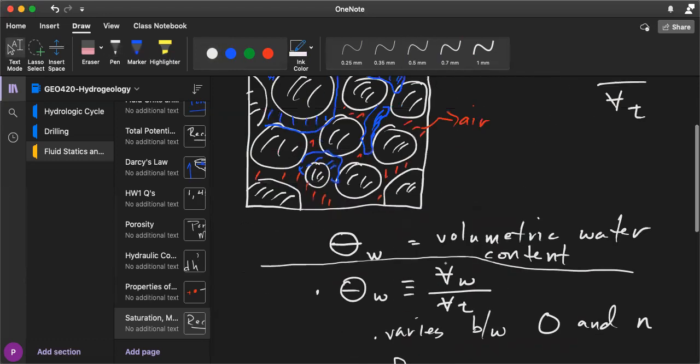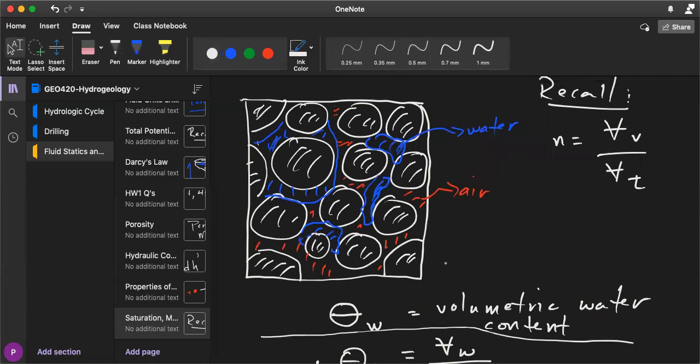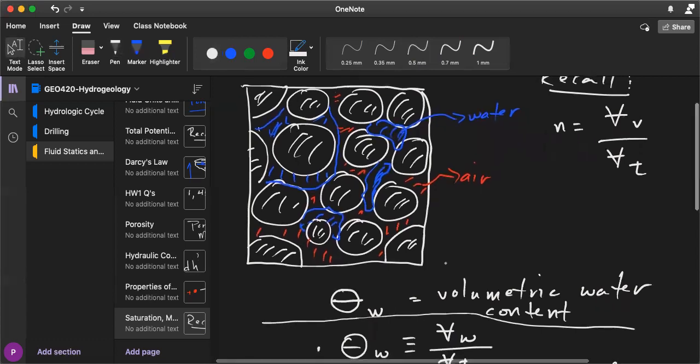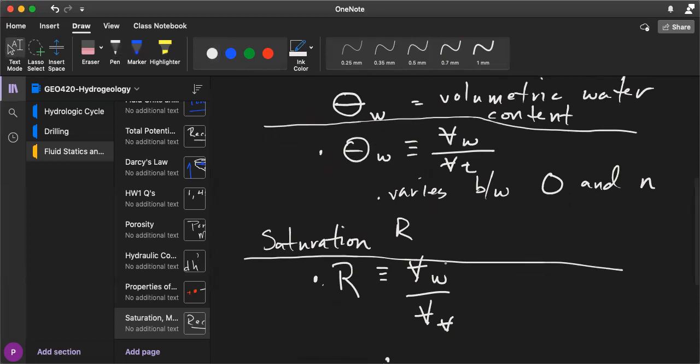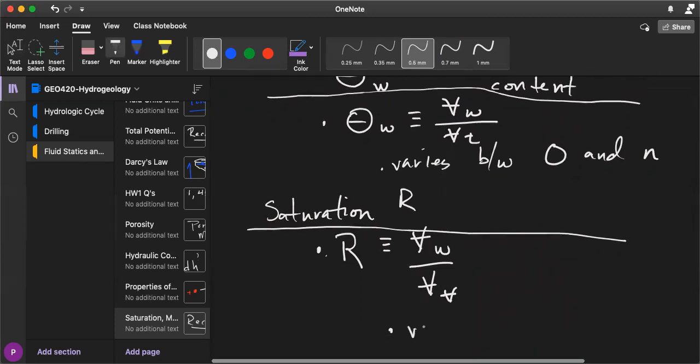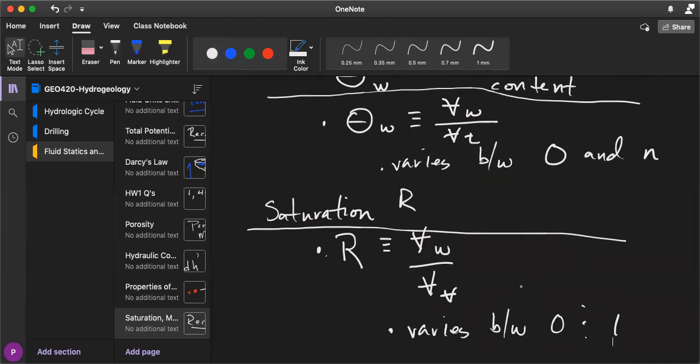Okay, so what can saturation vary between? Right, so if all my voids are filled with water, then V water is equal to V voids. It goes to 1. So this guy varies between 0 and 1. We can think about this as sort of a normalized volumetric water content, right?